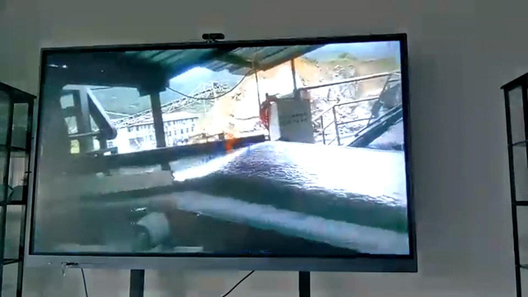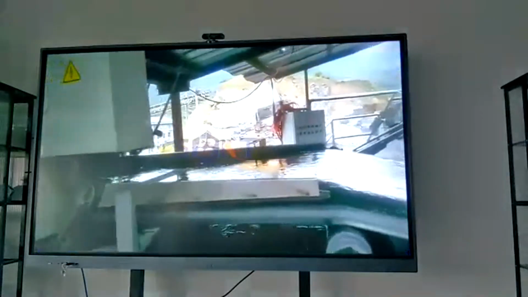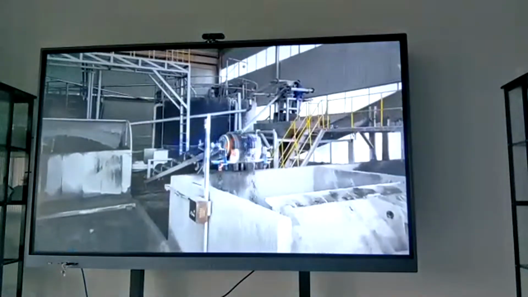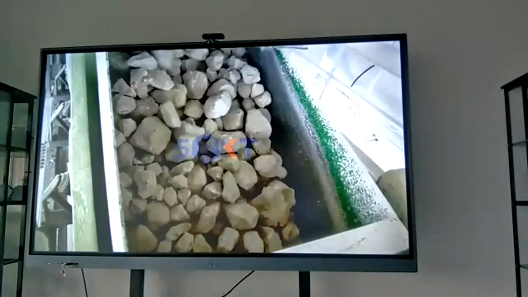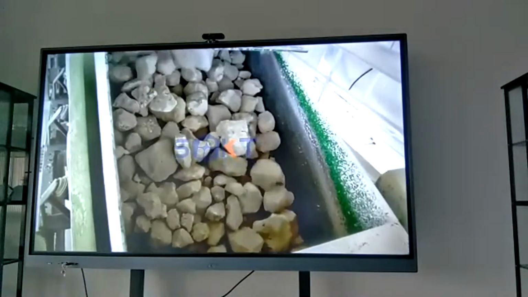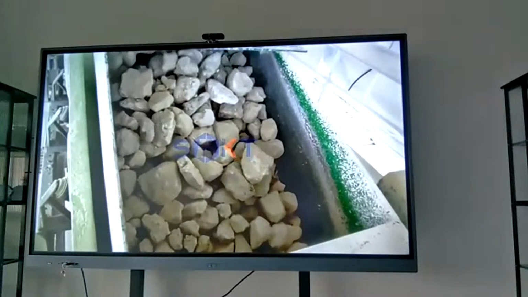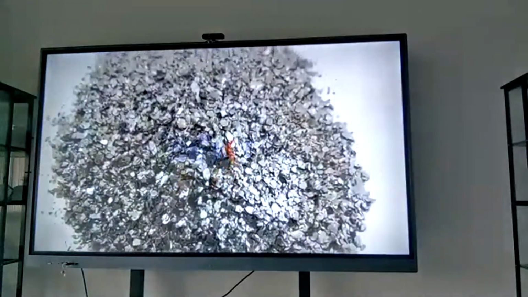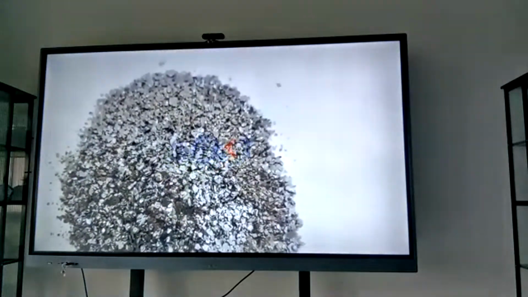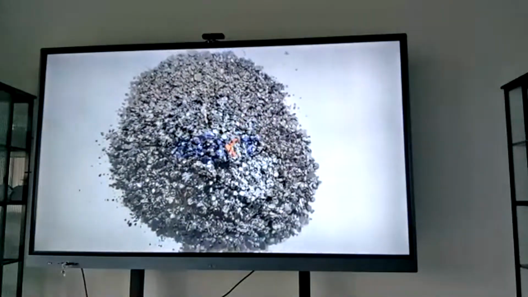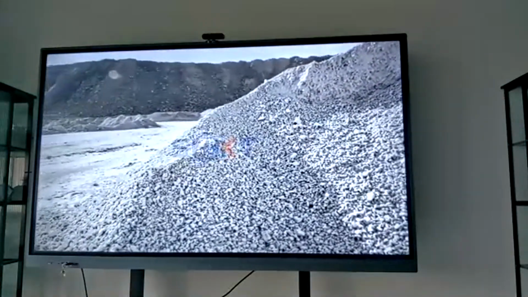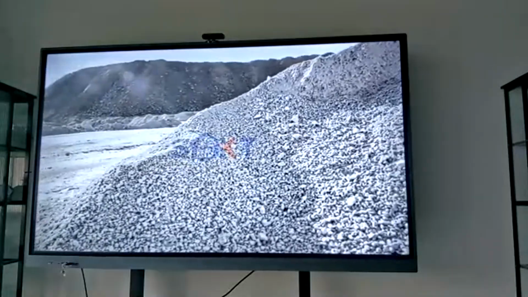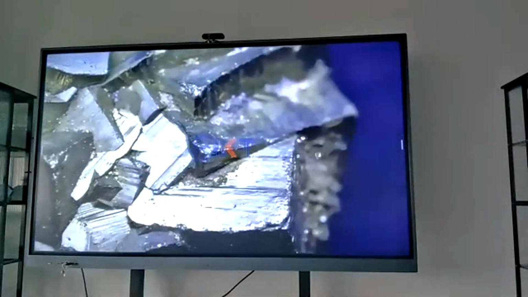The seventh part is the special process equipment for refractory gold. One is the roasting furnace for refractory gold ore that contains arsenic and carbon.